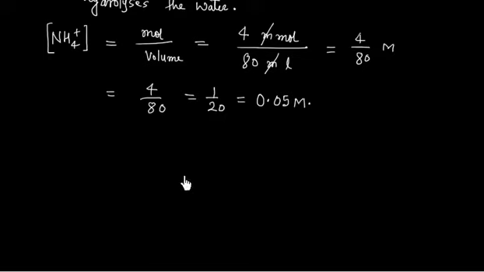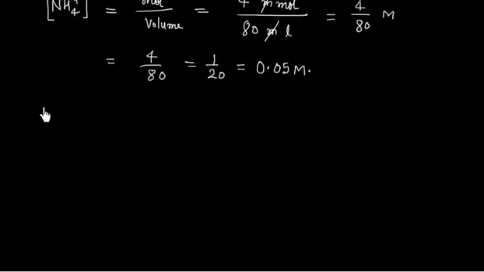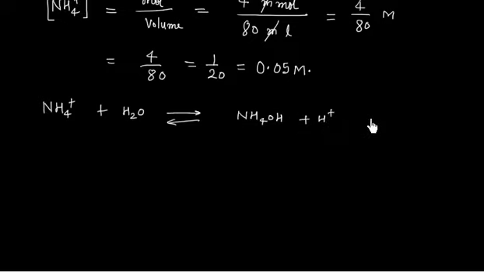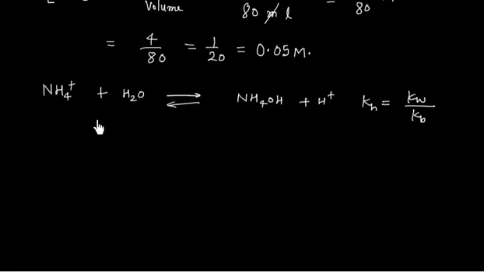Now this NH4 plus will hydrolyze the water, so we will have a hydrolysis reaction. It will hydrolyze the water, so it will give NH4OH plus H plus. Now the equilibrium constant, that is the hydrolysis constant for this reaction, will be Kw by Kb. Now you see the solution at equivalence point will be acidic in nature because of this hydrolysis, because of this H plus.